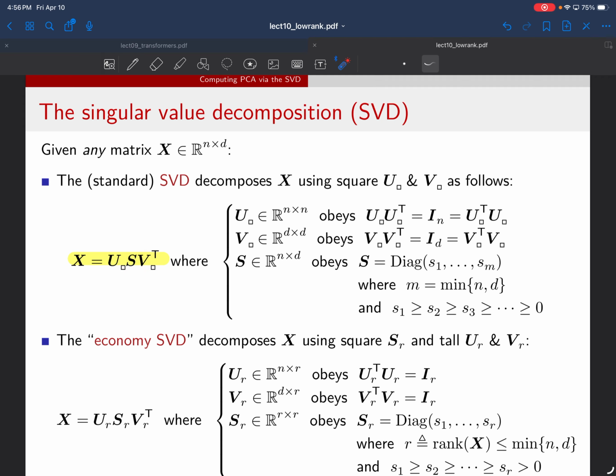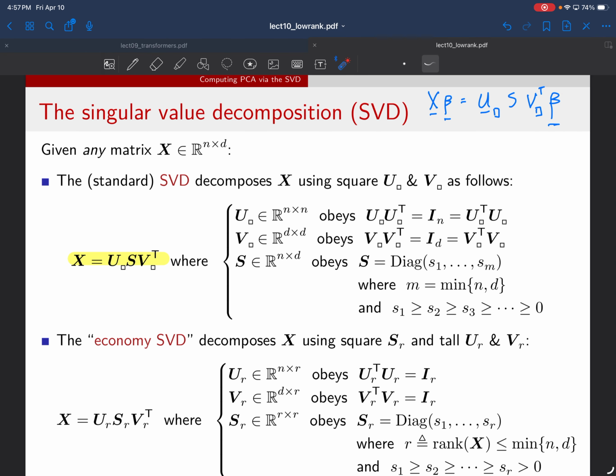So one way to interpret what this SVD is doing is, if you think about X as an operator, let's say acting on some coefficients beta, I can think about that as actually 3 matrix operations composed together. I take my beta and I first multiply by this orthonormal matrix.